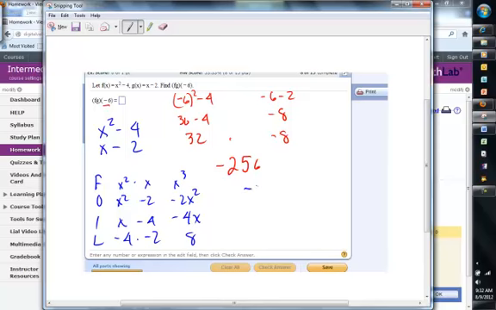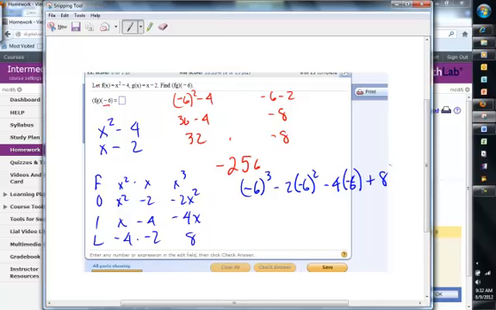So we're going to have negative 6 cubed minus 2 times negative 6 squared minus 4 times negative 6 plus 8. Let's put that into our calculator.